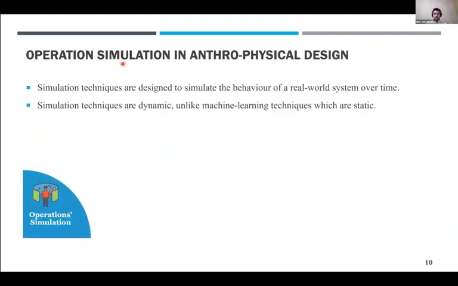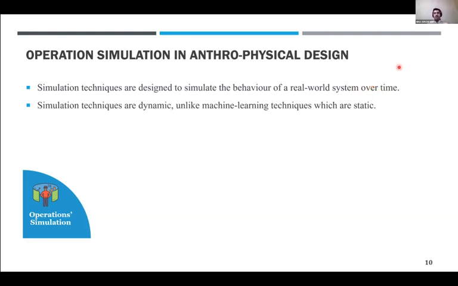The second piece of the puzzle is agent-based modeling, which is an operational research simulation. These simulation techniques are designed to simulate the behavior of a real-world system over time. What they offer is this over-time aspect.